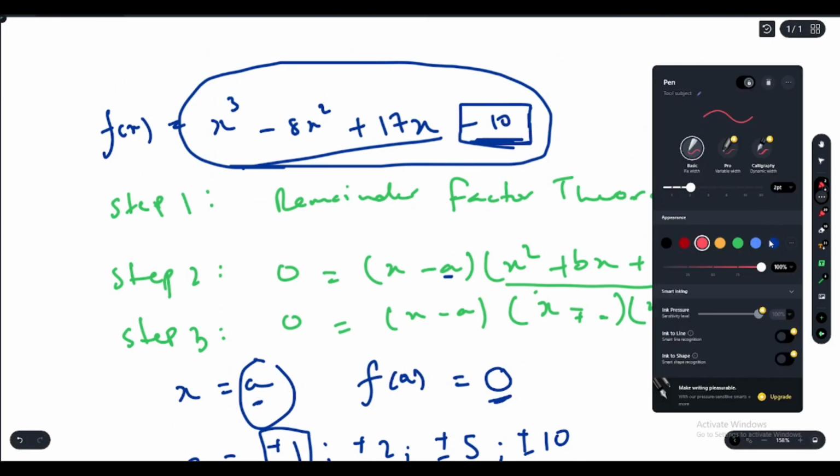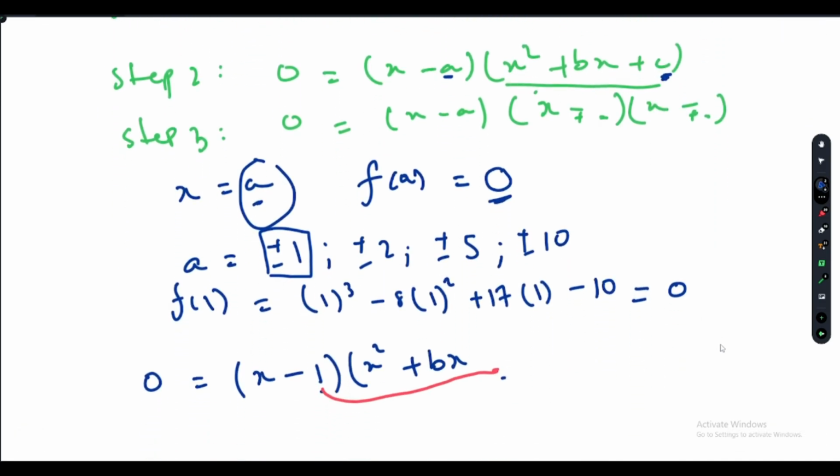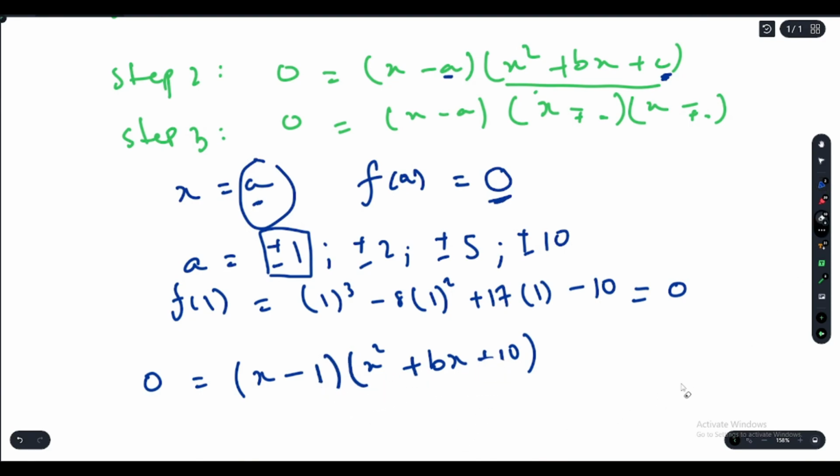So this means that the value of c can only be one thing. c has to be plus 10, because minus 1 times 10 is what gives us what we were looking for. I'm just filling that back in.